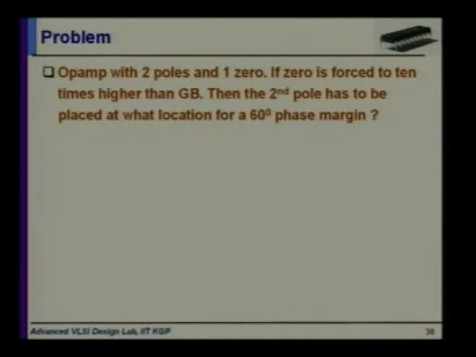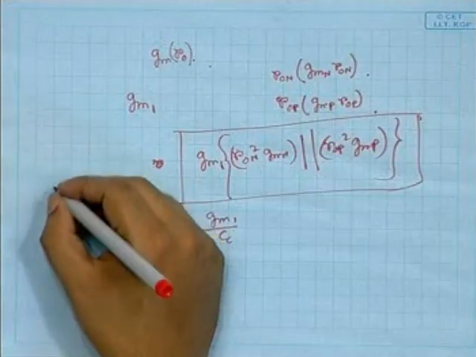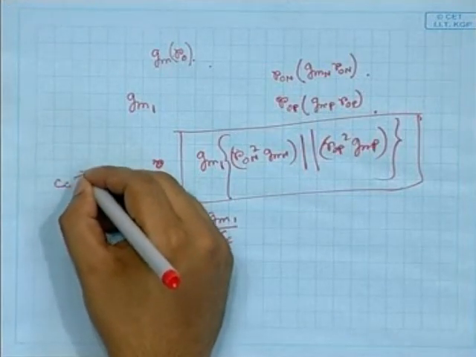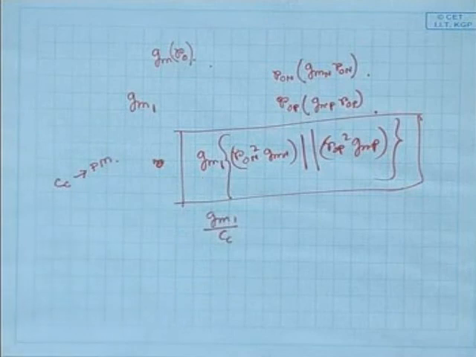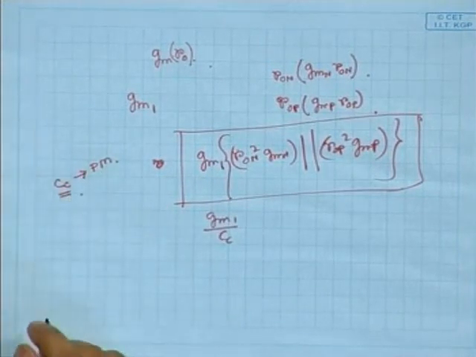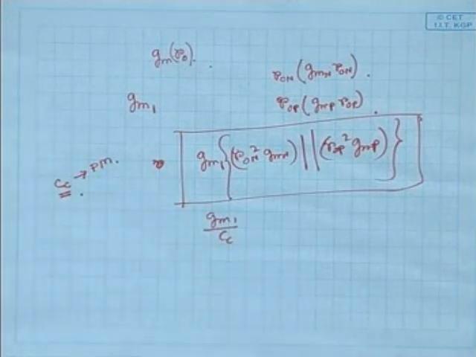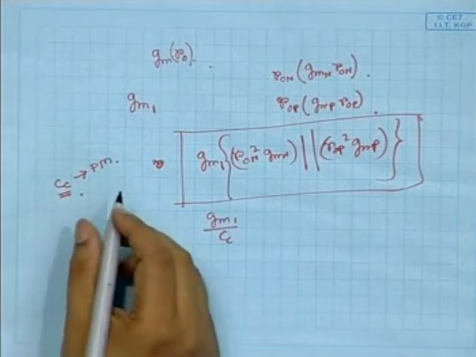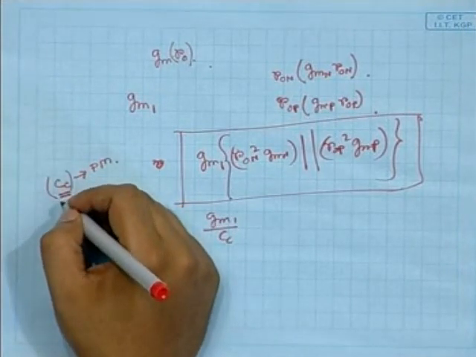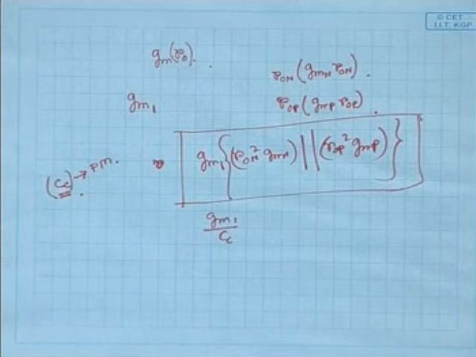So depending upon the phase margin, you will choose CC. CC actually directly affects the phase margin. Again, CC also determines the slew rate, so you have to optimize the value of CC. So just try this problem.